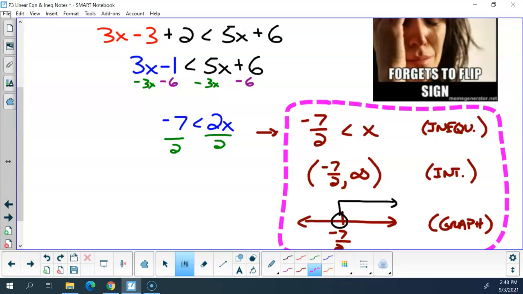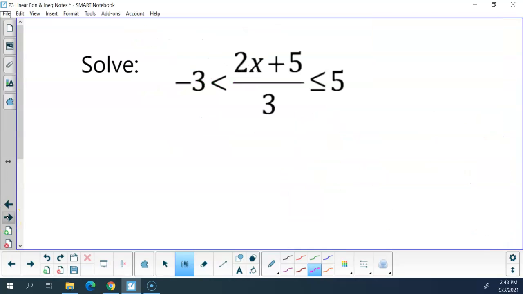Okay? Love it. Go for it. So it sounds like everybody multiplied by 3 first.